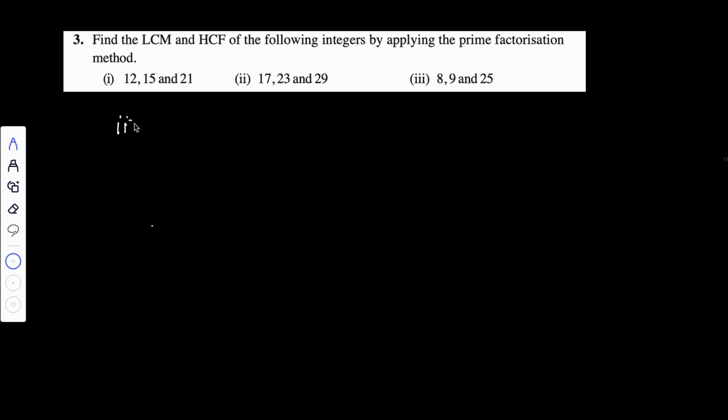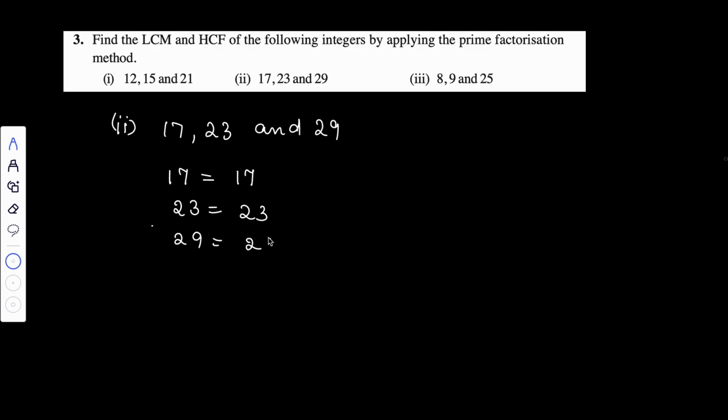Into the second sum, 17, 23 and 29. Here's prime factorization of 17 is 17 itself because it is a prime number. 23 is also 23 only, and 29 is a prime number, it is 29. So here LCM is all the factors we want to write, 17 into 23 into 29, and multiply all this, then you will get here it is 11,339.